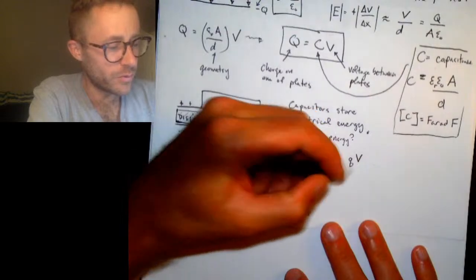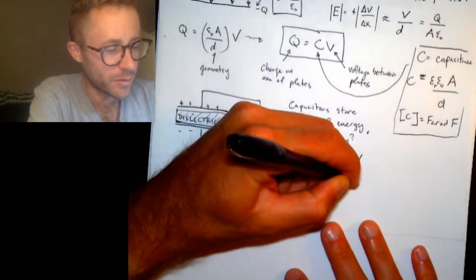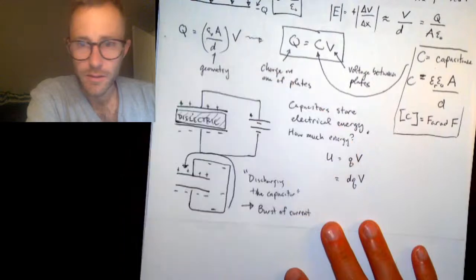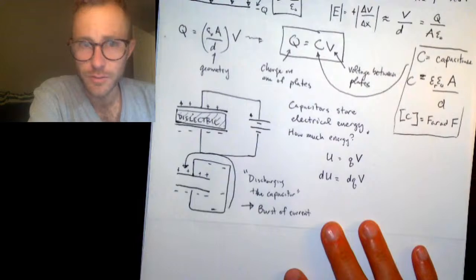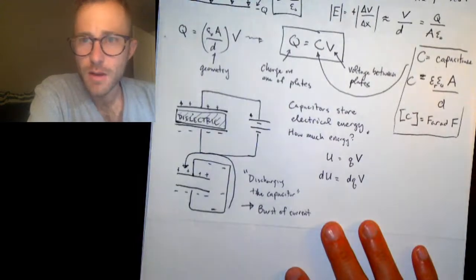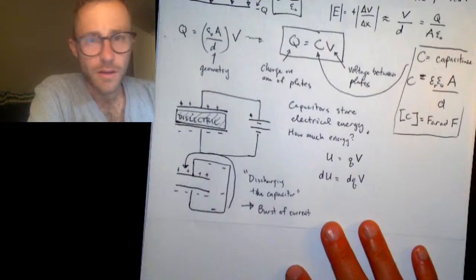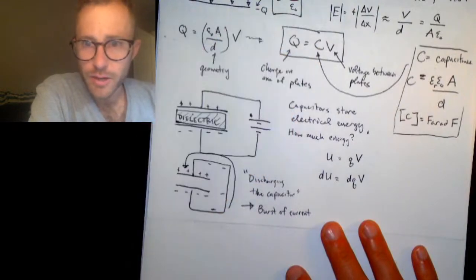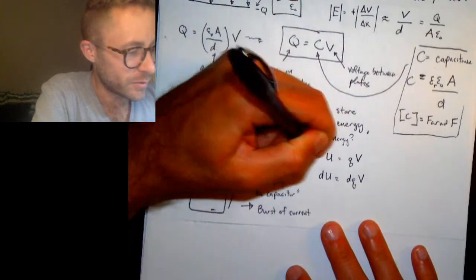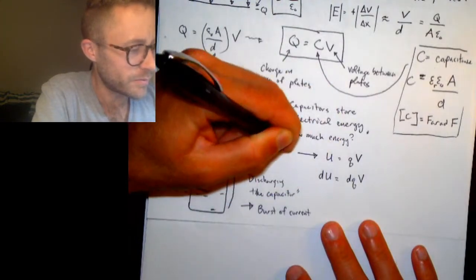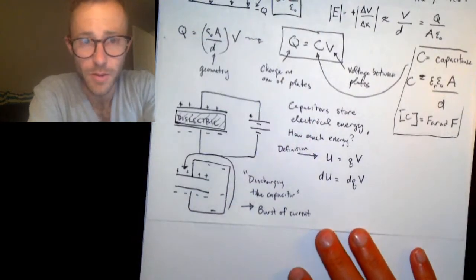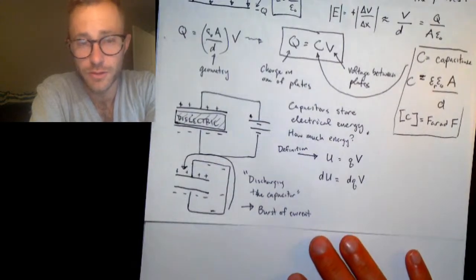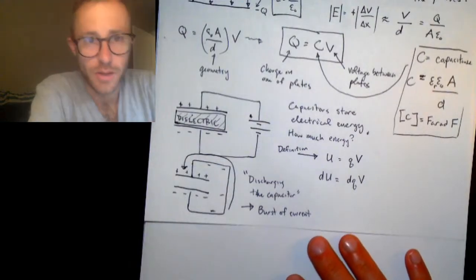Well, if the voltage is V and we put an infinitesimal amount of charge, then we get an infinitesimal amount of potential energy. Then we're going to use this equation right here. This is the definition of electric potential. We talked about that before.